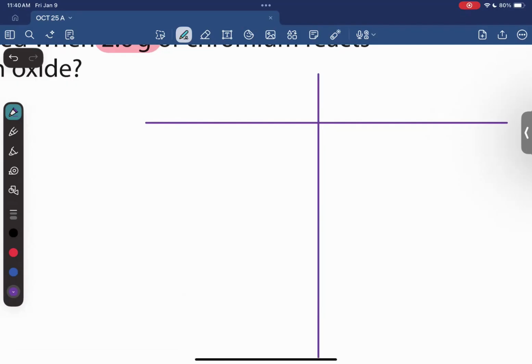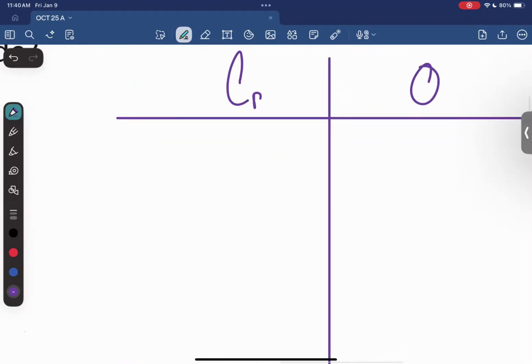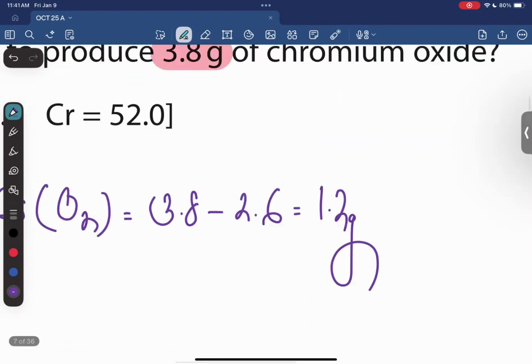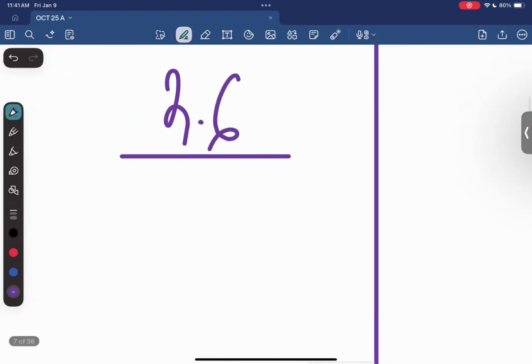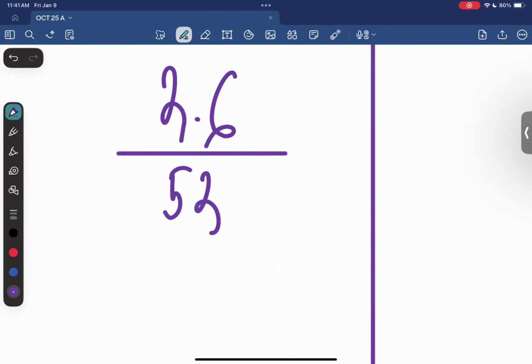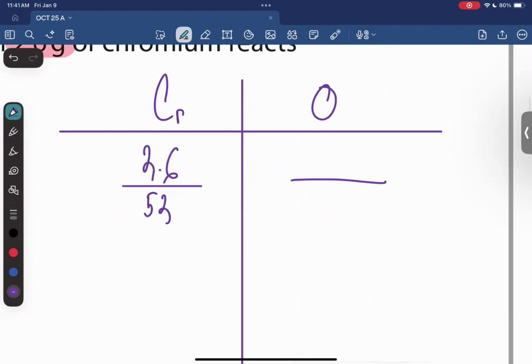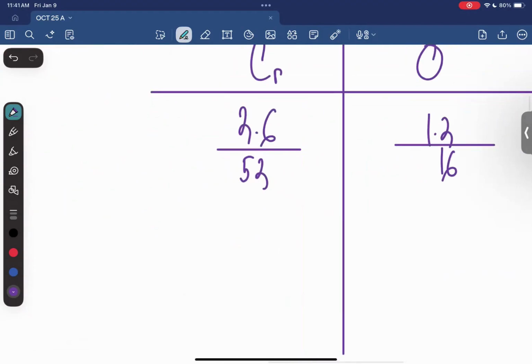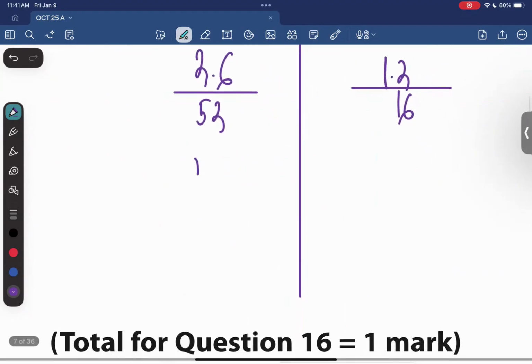Okay. Easy question. So chromium, these are oxygen. So 2.6 is the mass of it, and the MR of it is what? 52. On the other hand, 1.2 divided by 16. So 2.6 divided by 52 should be giving you a value of 0.05. And over here, you're going to have 1.2 divided by 16. This should be giving a value of 0.075.